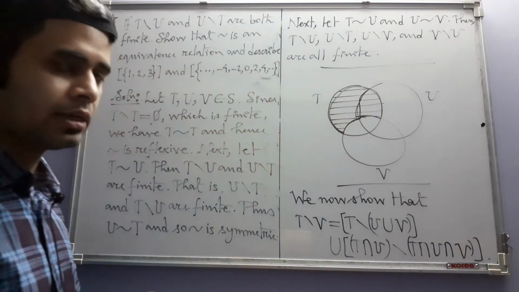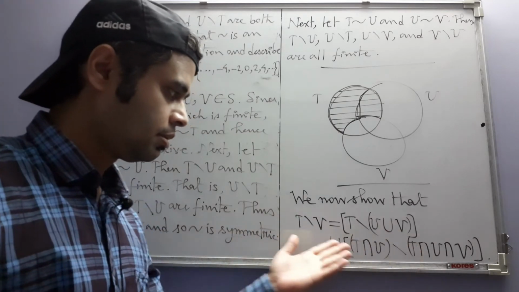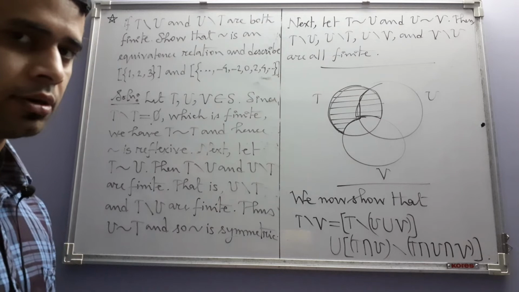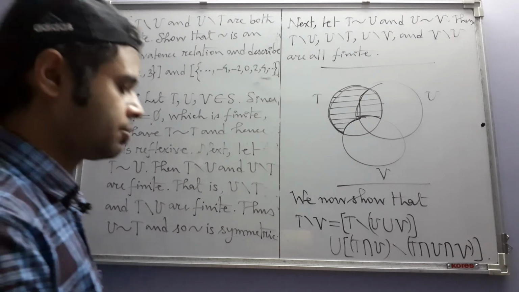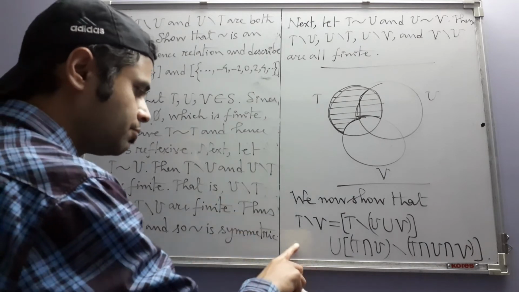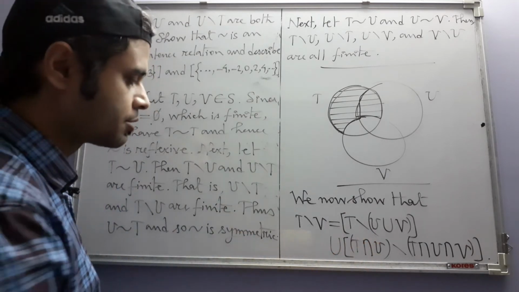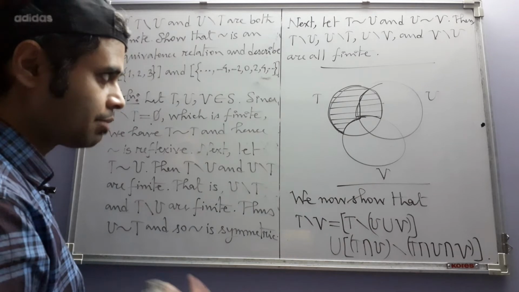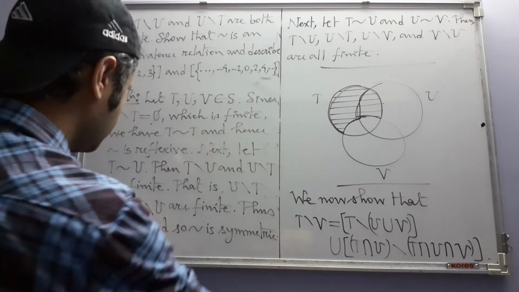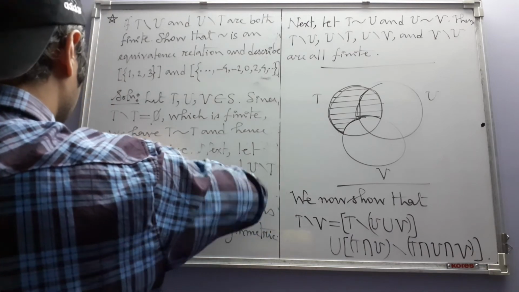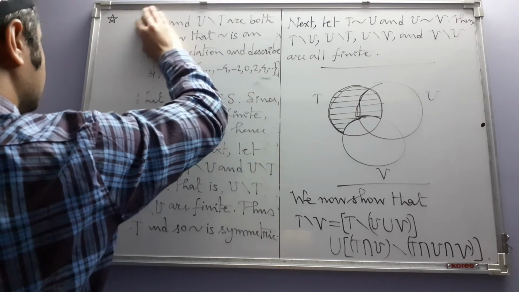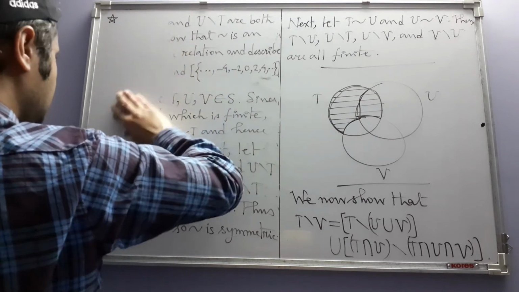This is only our guess because the identity looks fairly complicated. We don't know whether it's true or not. We will now have to prove it if it is true. And once we prove this and have it at our disposal, we will then use it to prove that T difference V is actually finite. And if we are able to do that, then V difference T will similarly be handled.